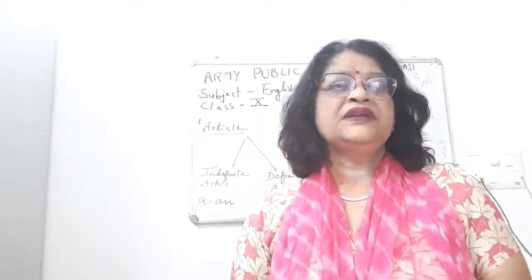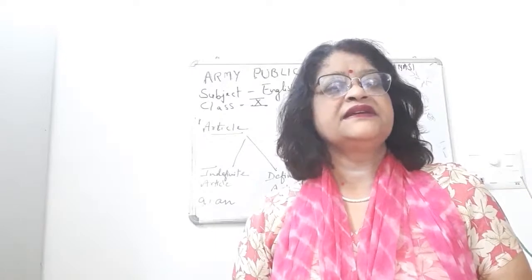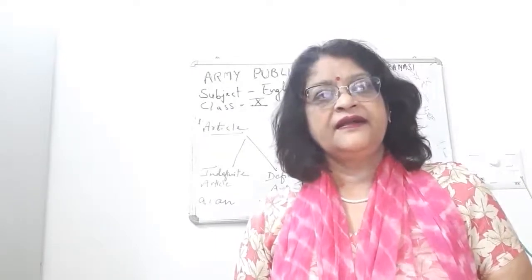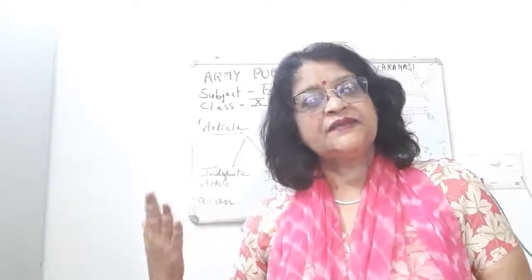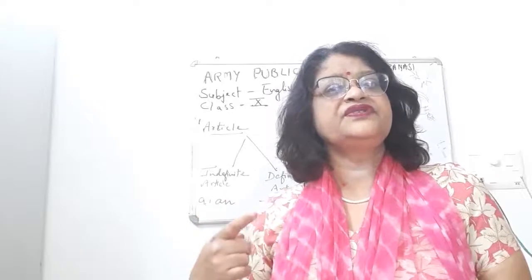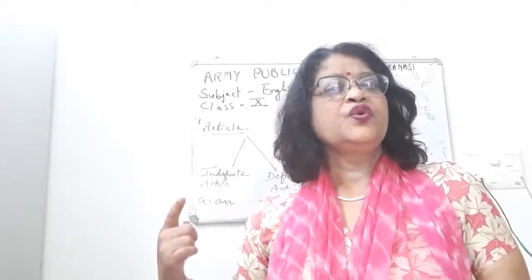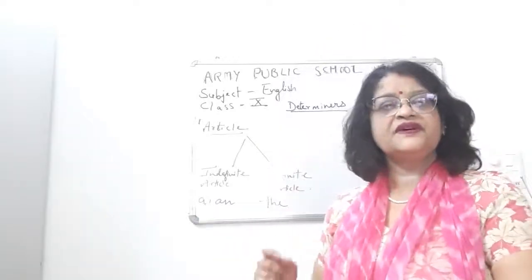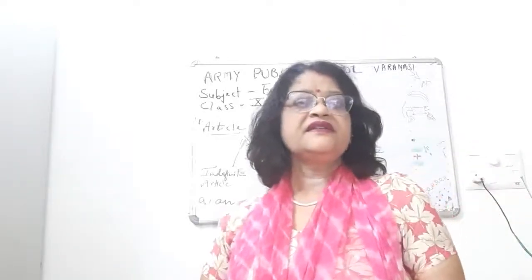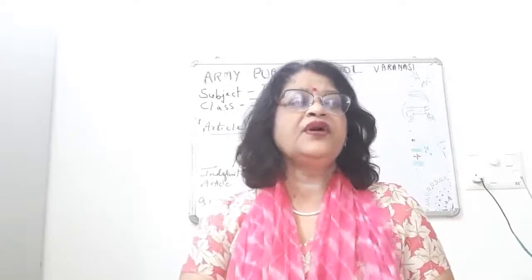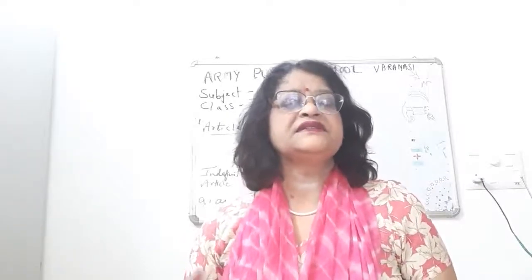When the boy came for the first time in the sentence, we are using indefinite article a. But when that boy comes again in the sentence, we will use the.